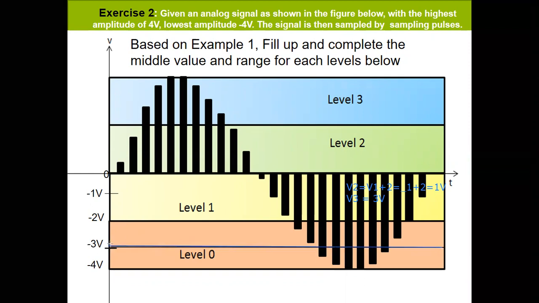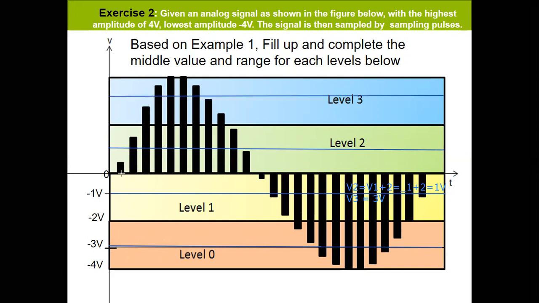This is level 0. Level 1 is from here to here. Level 2 is this, and level 3 is this. So the range is this. Level 0 value is -3 volt, level 1 value is -1, level 2 is 1 volt, and level 3 is 3 volt. But the range is this.